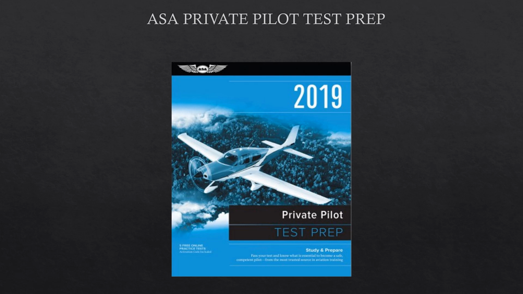So the ASA Private Pilot Test Prep book, or I will refer to it as the ACS Study Guide. What ASA did is they went to the ACS and they made a study guide containing all the information you need to know to become a private pilot.